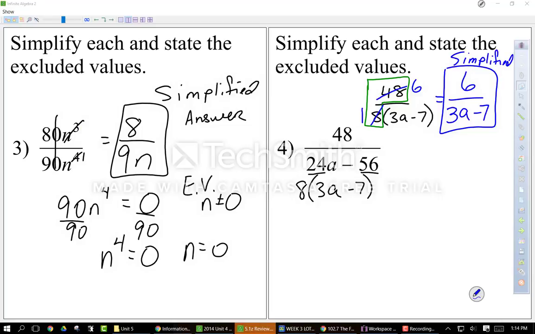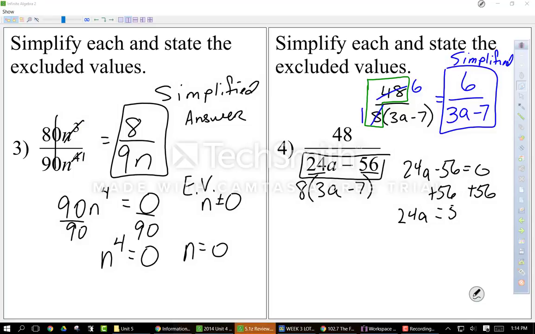Okay? Now the next thing I got to find is the excluded values. So again, I'm going to take my denominator. 24a minus 56 equals 0. Add 56. 24a equals 56.